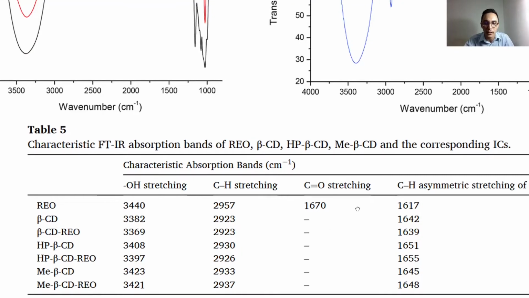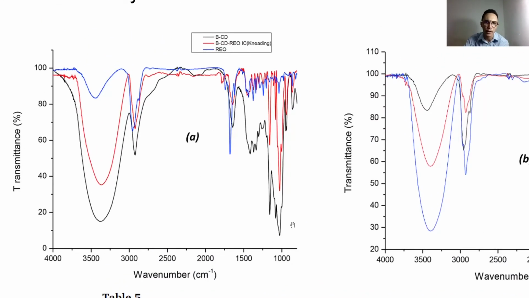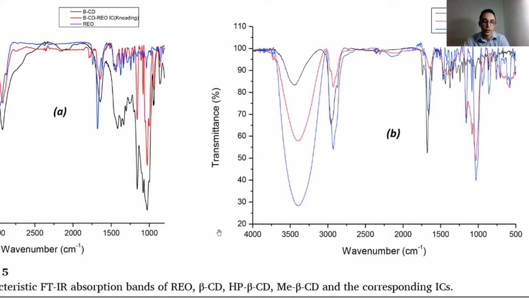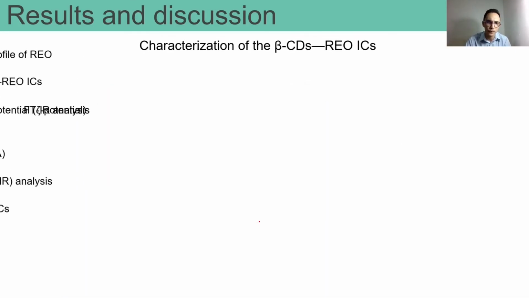So we can see some restriction for carbonyl groups, and we can see other parts in the FTIR picture.